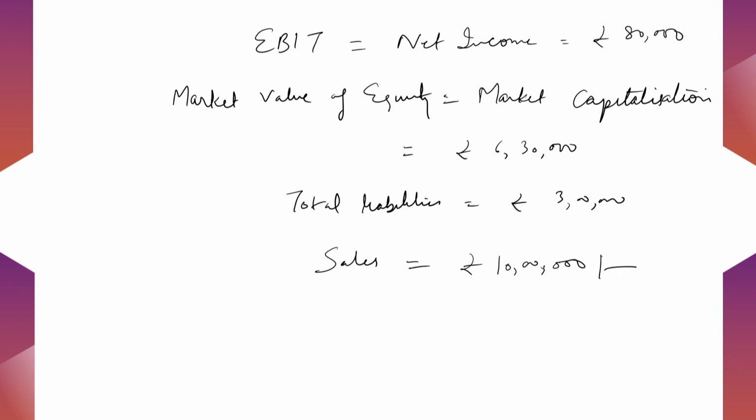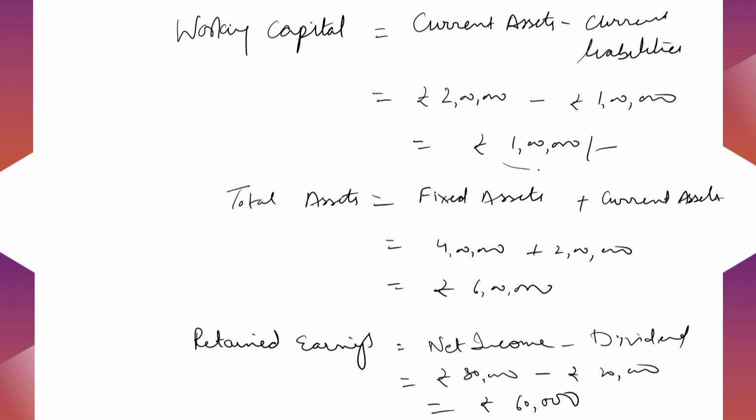Putting all these values into x1, x2, x3, x4 and x5. First we calculate the value of x1, which is working capital upon total assets. We computed our working capital as 1 lakh and the total assets value as 6 lakh.